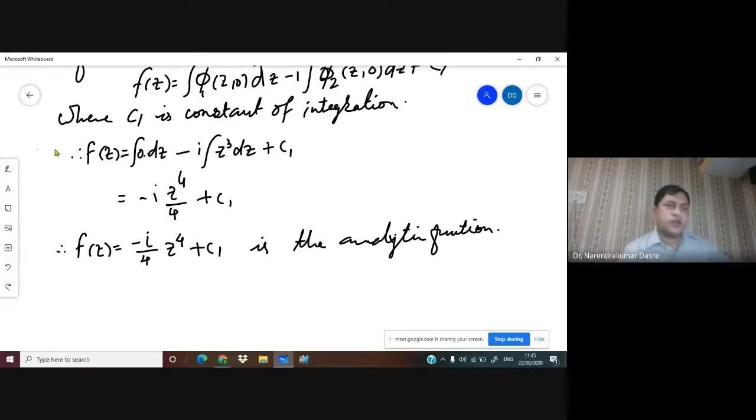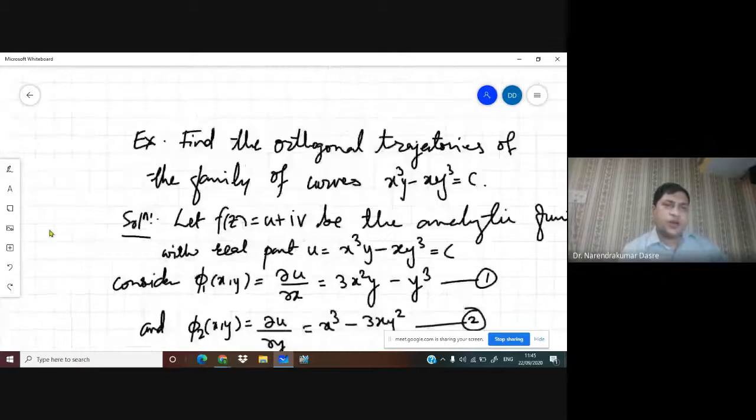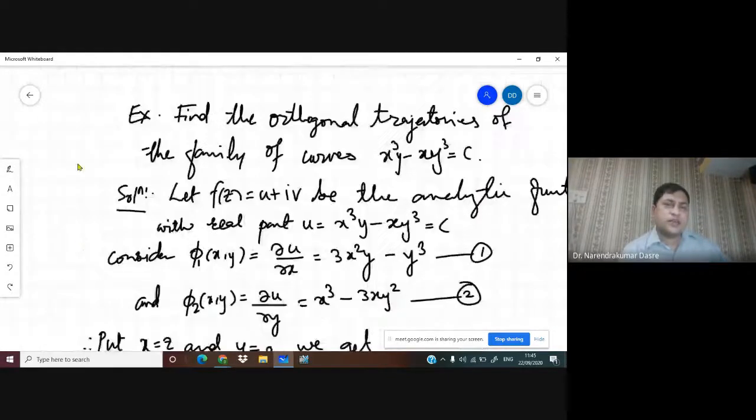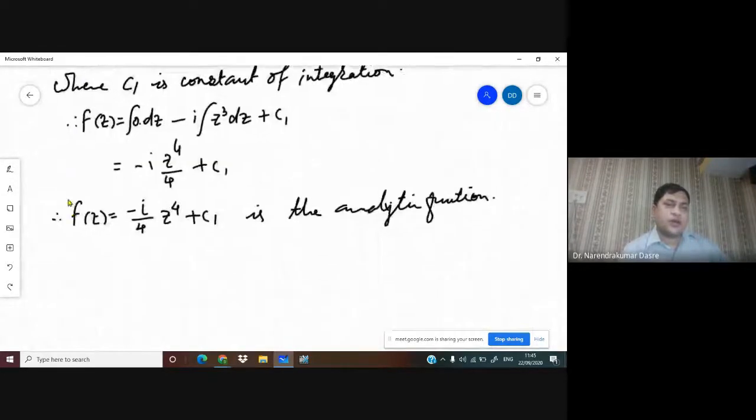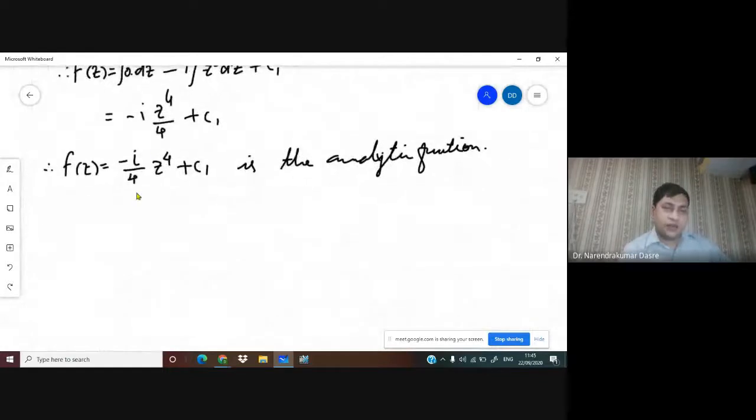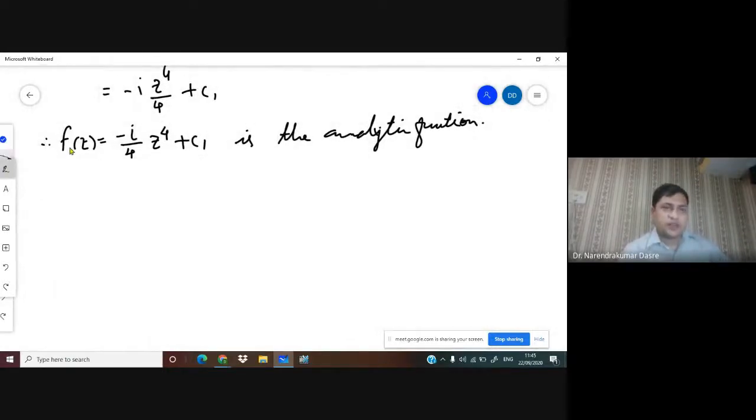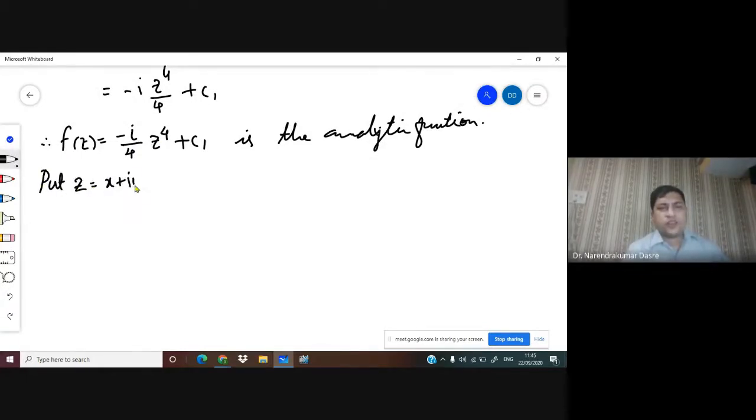This is the analytic function, but what we are interested in is finding the orthogonal trajectories. Hence, if this is the analytic function, then we have to separate the real and imaginary part of this analytic function. So next, put z is equal to x plus iy in the above equation.